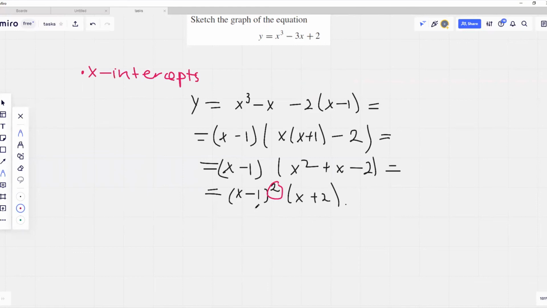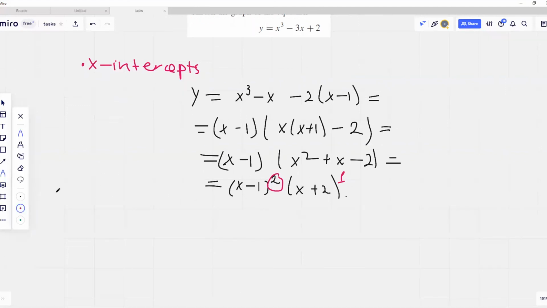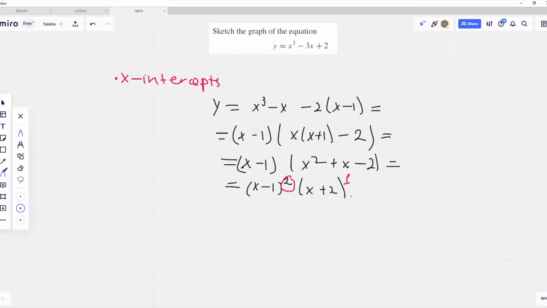Also, our function will not cross the x-axis at x is equal to 1. At x is equal to minus 2, we have a simple root, meaning that our function will cross the x-axis, and we cannot decide whether it will have an inflection point at x is equal to minus 2 or not. We'll find this out later when we find the second derivative of our polynomial.